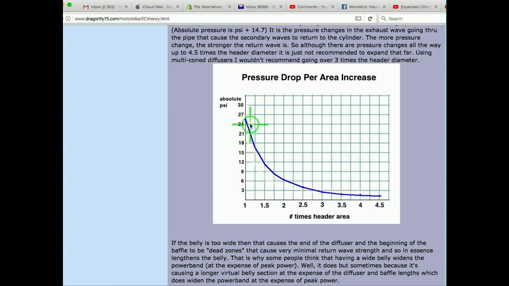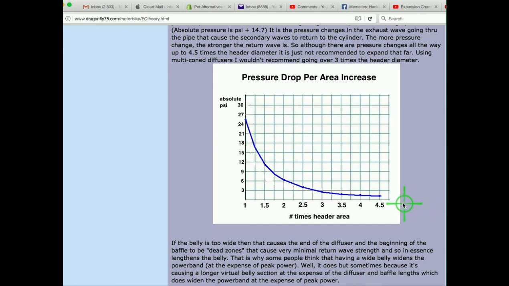Okay, so the more steep this is, the more change you're having in PSI, and the stronger that return wave is. So it's like saying the skinnier the belly is, the more effective it is at returning a return wave. But you don't want to stay with the skinny belly because you're not completely utilizing the pressure of the exhaust pulse.